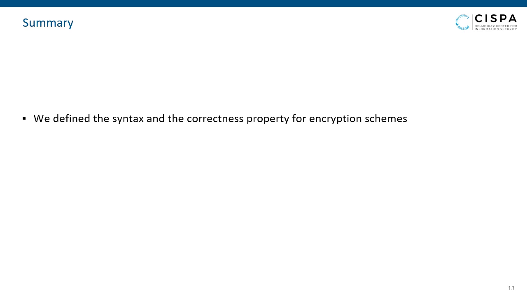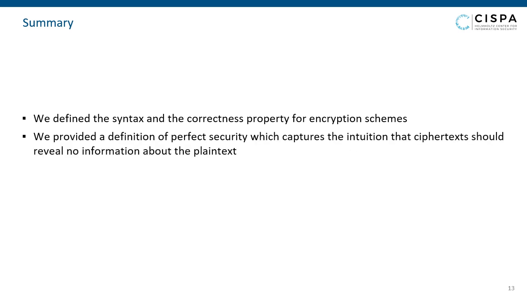Such a scheme is essentially useless. We provided Shannon's definition of perfect secrecy, which captures the intuition that ciphertexts should reveal no information about the plaintext. And finally, we showed that the one-time pad is a perfectly secure encryption scheme in the sense of Shannon. Thanks, that's all, and bye.